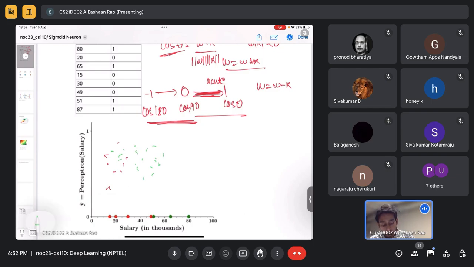I have to fit a line, basically a perceptron, like this. The w will tell me the slope of the line, how it should look, either like this, or like this. But what b tells me is where the intercept should be, that is, from where I should start my value.